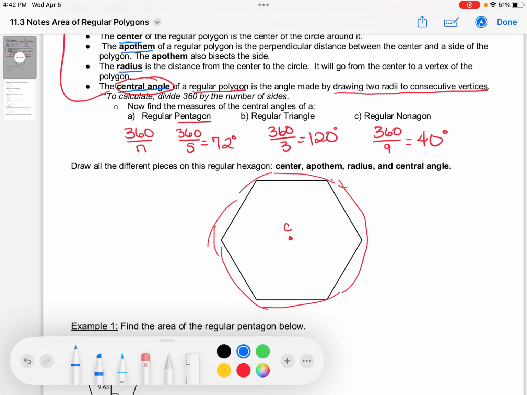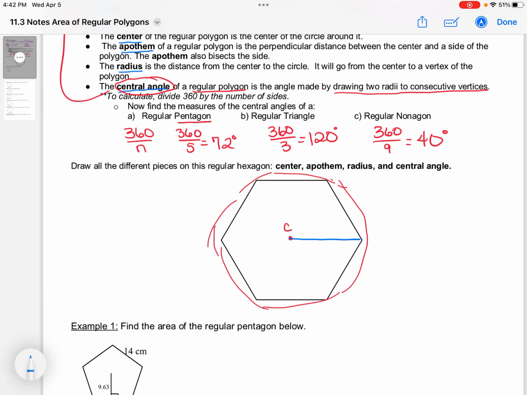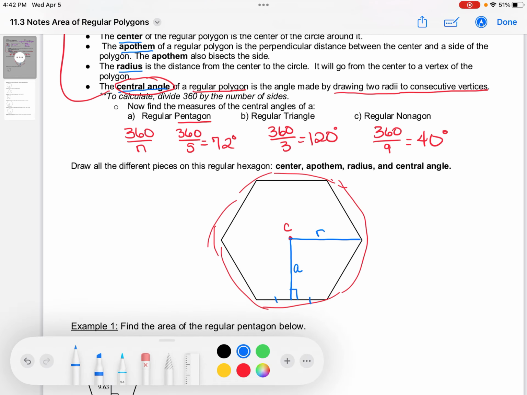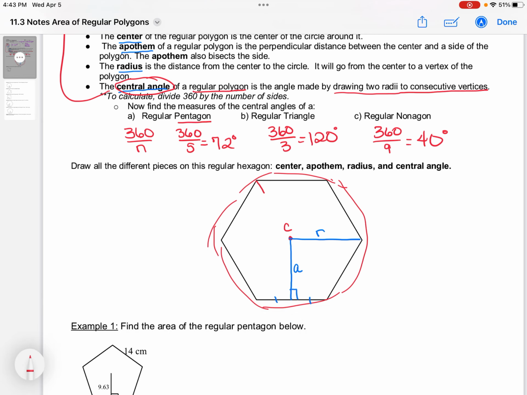So the center is right there. The radius is going to be right here. The apothem, remember, goes down to the middle of the side. These two are equal. This is my apothem. And my central angle is going to go from here to here.